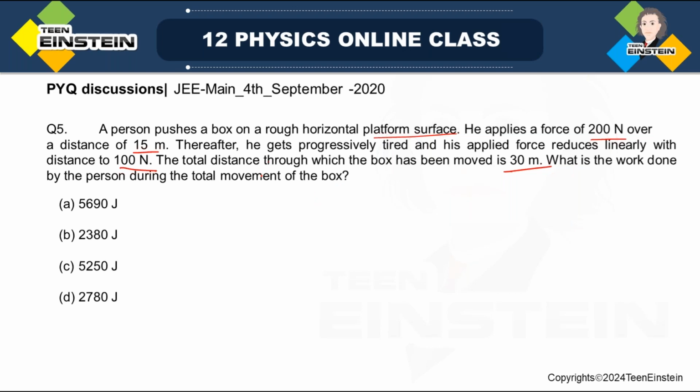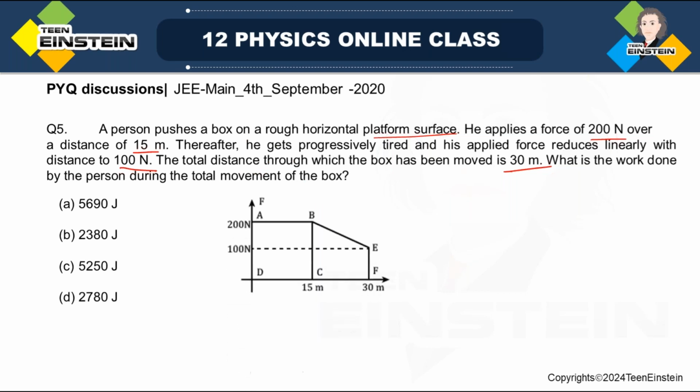This problem can be represented with this figure. Initially the person was pushing a box on the rough horizontal surface, so obviously there will be frictional force. He was pushing with a constant force of 200 Newton up to a distance of 15 meters. Then thereafter he gets progressively tired and the applied force reduces linearly.